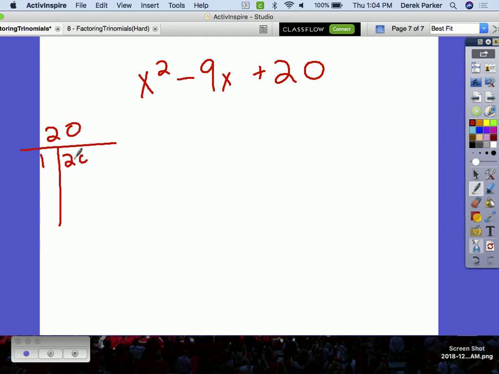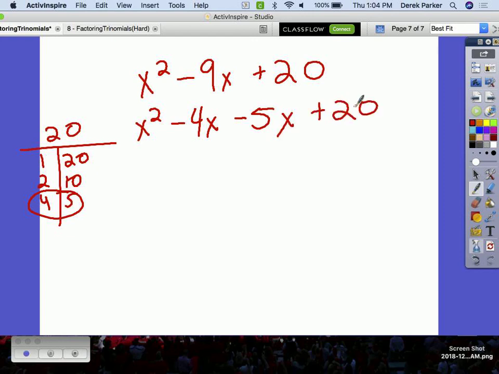1 and 20, 2 and 10, 4 and 5. 4 and 5 add up to be 9. Now remember, both of these need to be negatives. X squared minus 4x minus 5x plus 20.